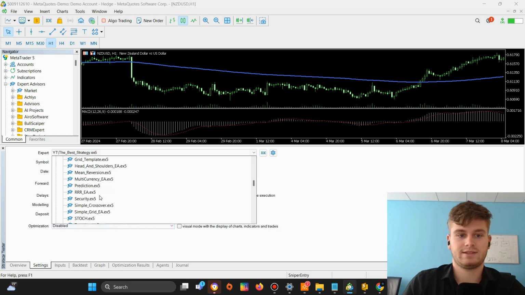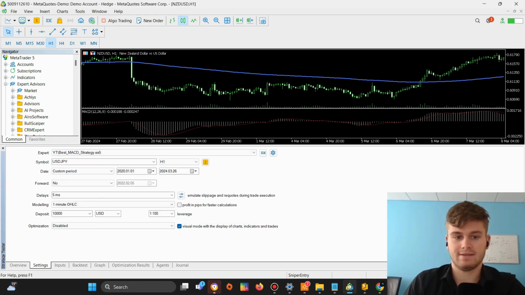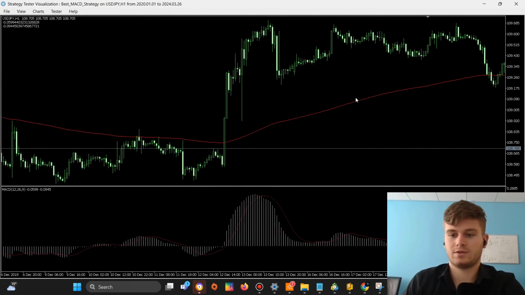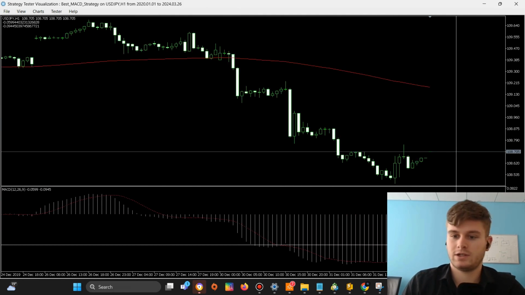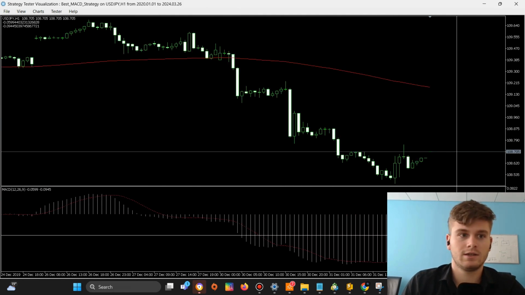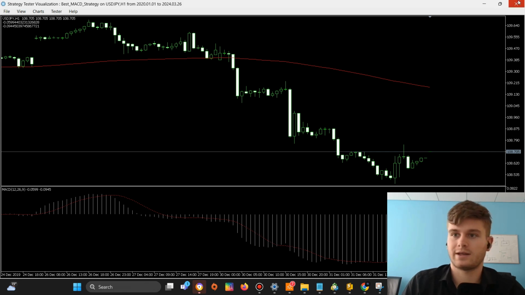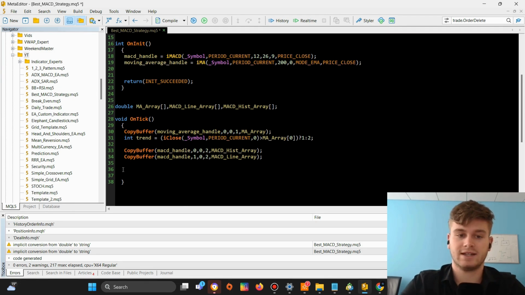So the best strategy, so R was best MACD strategy, and I will just run it. And yeah, so 0 for, okay, so this is for histogram and this is for line. Okay, so the buffer numbers are correct.